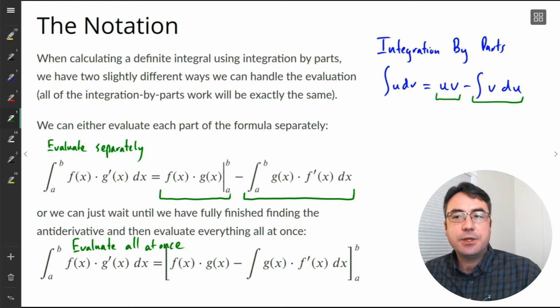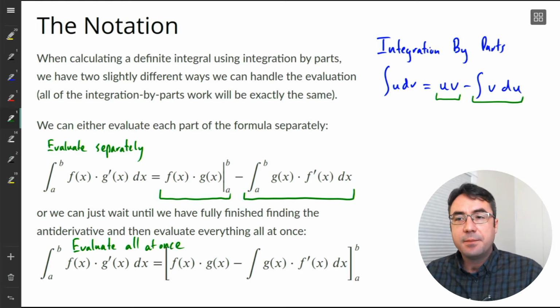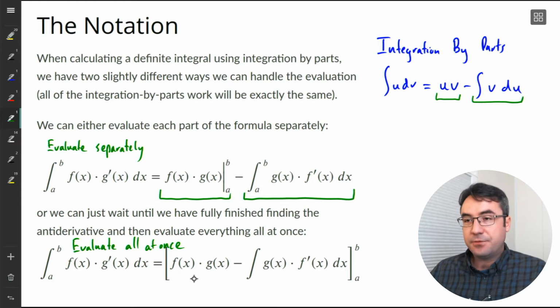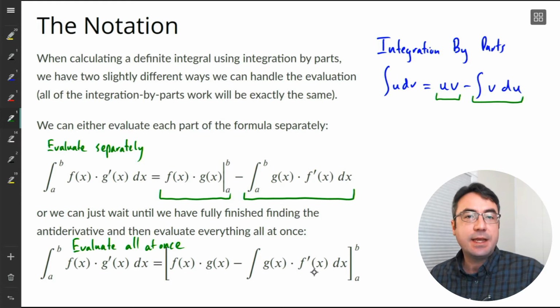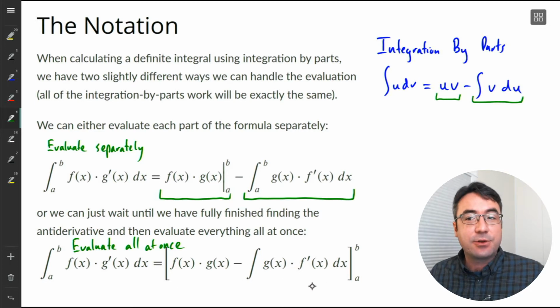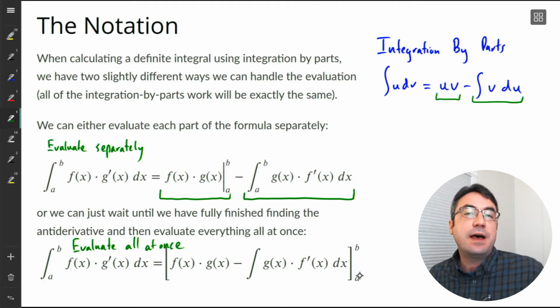So we've calculated u times v, we subtract, and we still have this remaining integral. We'll go through and do this remaining integration, find the antiderivative, so we'll have one big antiderivative, and then we'll evaluate the entire thing all at once.